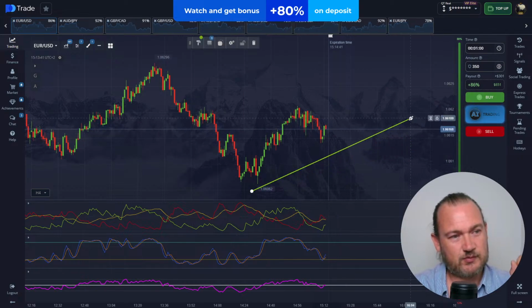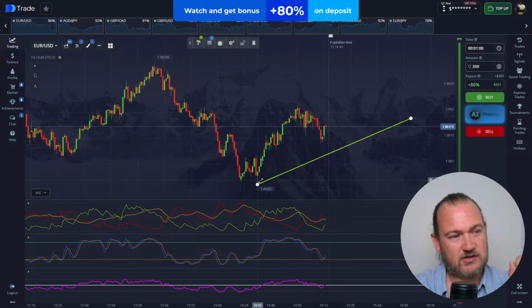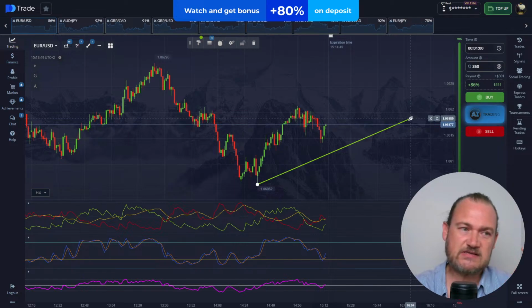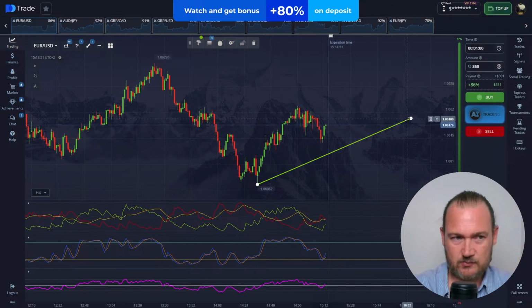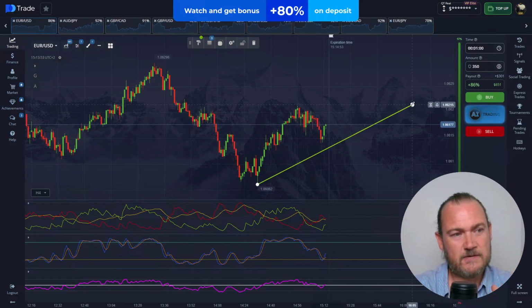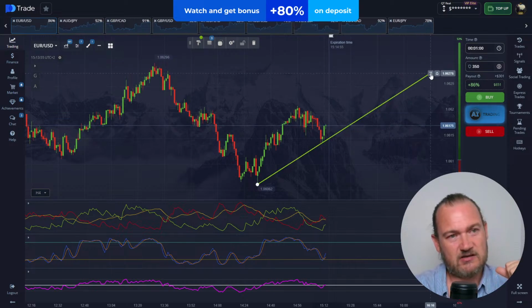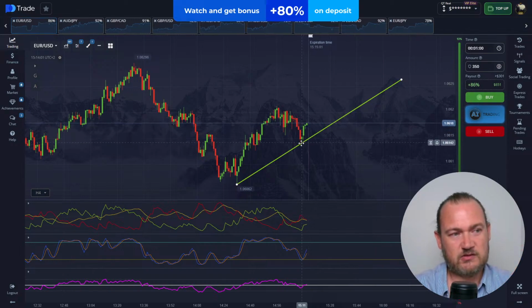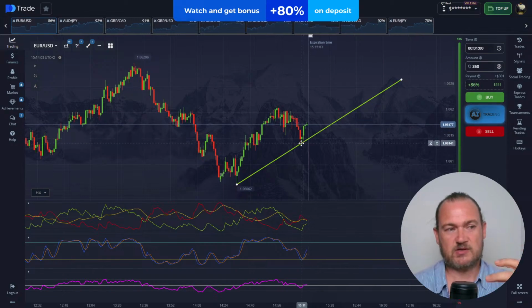So we want to put the trend line on the last low we had in the previous bearish trend, and we're going to put it right there on the current low that it's forming, the higher low that it's formed. So this is telling me that price is moving upwards.